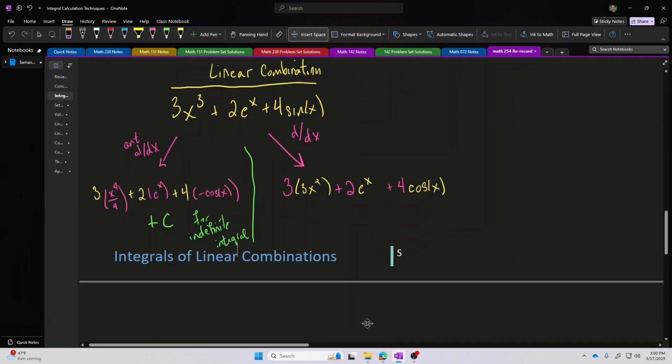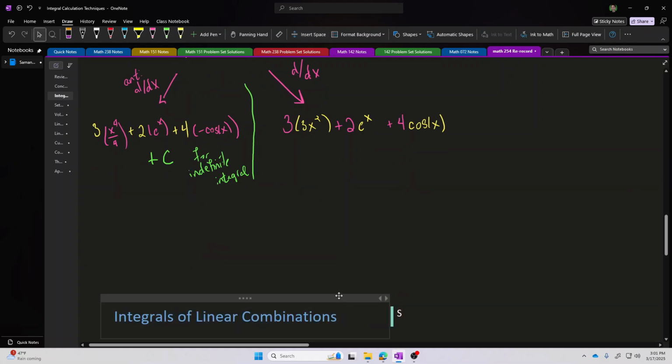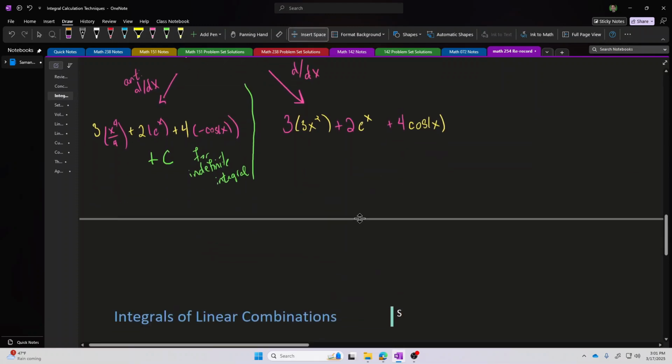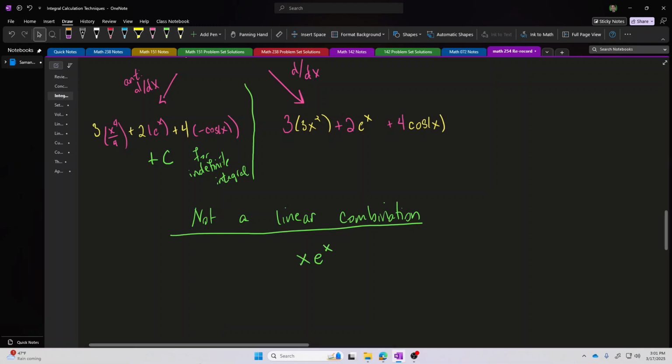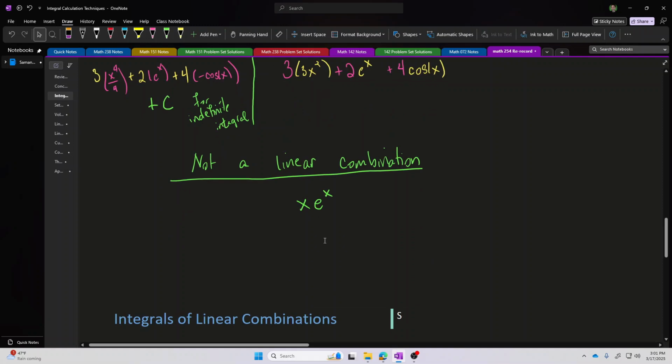Now, by contrast, if I gave you a different function that was combined in a different way, for example, let's say x e to the x, this is two toolkit functions that have been combined using multiplication.